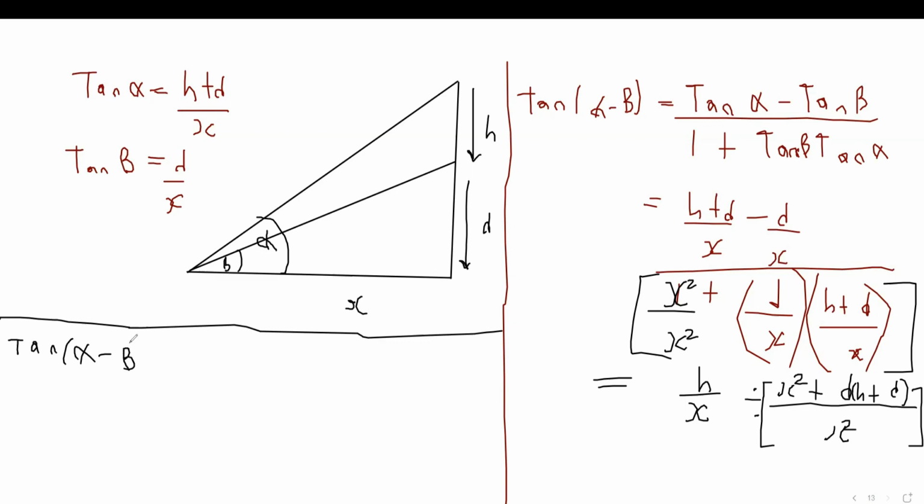Now guys, when we divide, we can flip it. Flip it and change the sign from division to multiplication. So it's h over x times, this is now x squared over x squared plus d times h plus d.